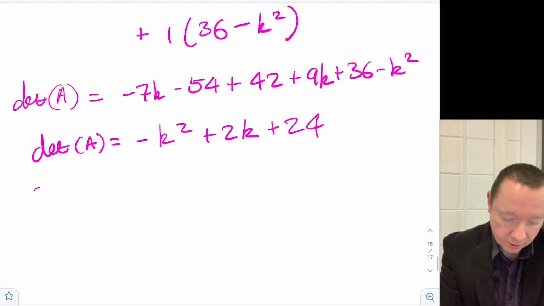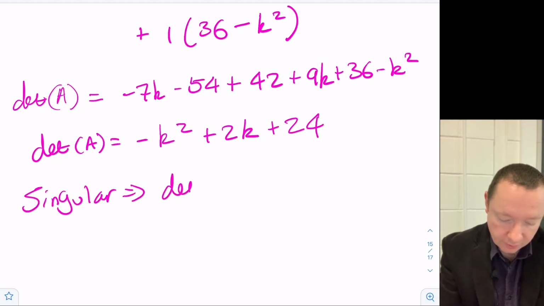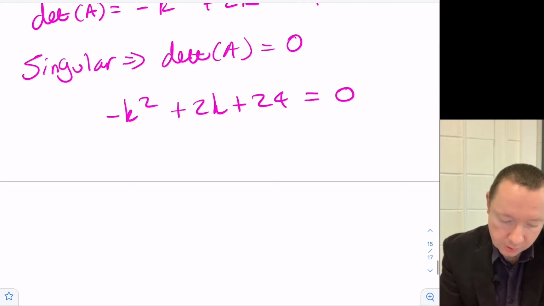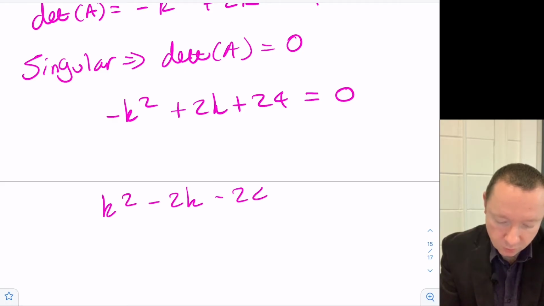So remember, singular, we've already said, implies the determinant of A equals 0. So -k² + 2k + 24 = 0. That's k² - 2k - 24 = 0.